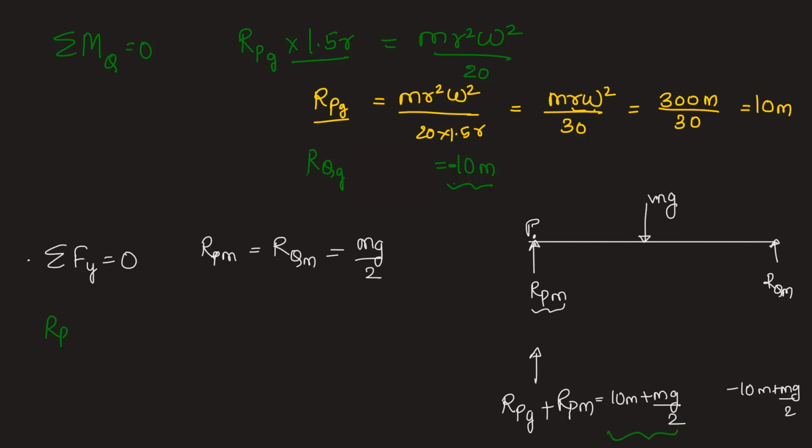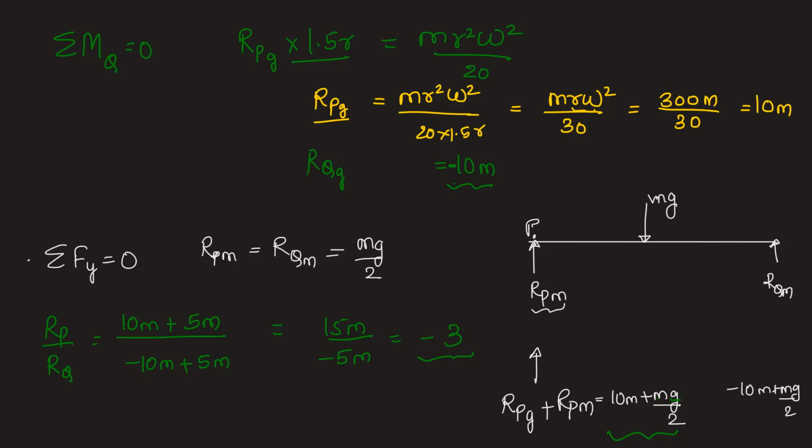Writing the ratio Rp by Rq, we will have 10m plus, g is given to be 10, so this is 5 into m, 10m plus 5m divided by minus 10m plus 5m. This is nothing but 15m by minus 5m, which is minus 3. We need to write the answer along with the sign because they have asked us to consider the appropriate sign.